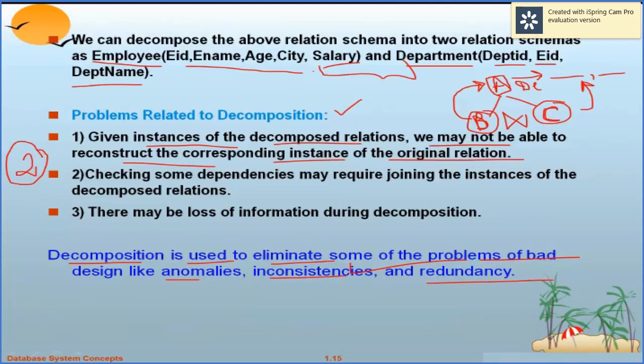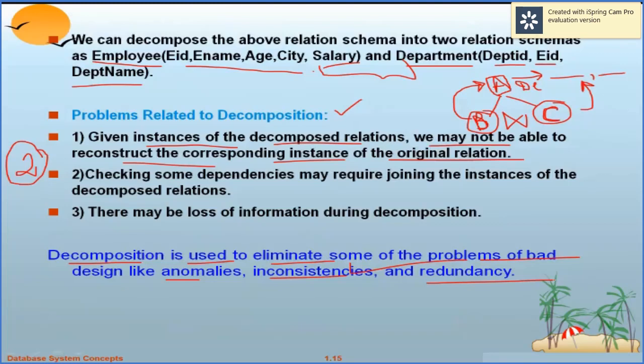So here your mind has gone two ways. First, decomposition has certain advantages: it is going to overcome anomalies and inconsistency, along with redundancy.